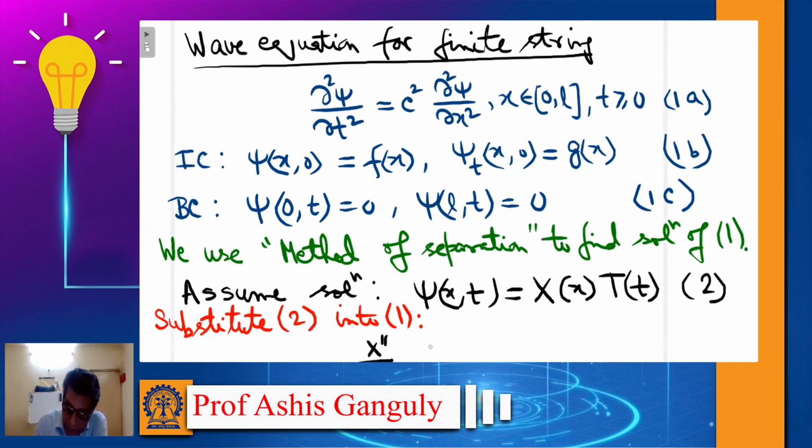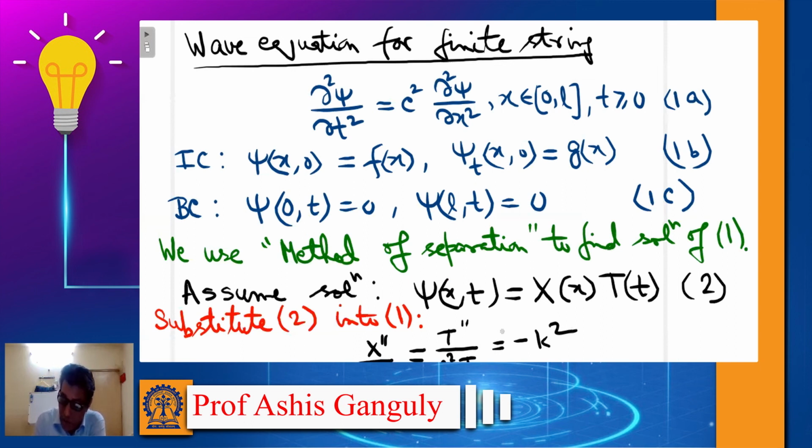Okay, X double prime by capital X equal to T double prime by c square T equal to, let's say, minus k square, because for equality, both sides must be separately constant.